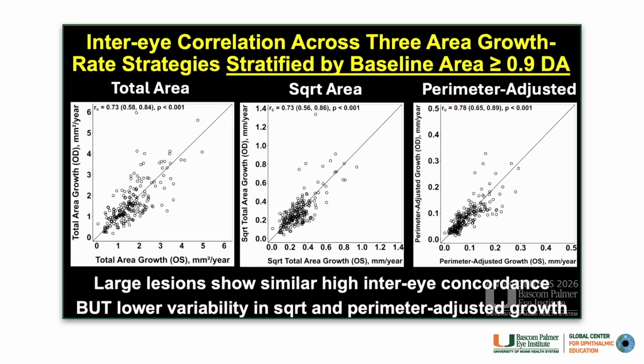Here, we then plot all growth intervals with baseline hyper-TD above 0.9 disc area. We note that concordance is high and consistent for all growth strategies, but the data point distribution appears closely aligned to the line of unity, especially so for the square root area and perimeter adjusted area growths.